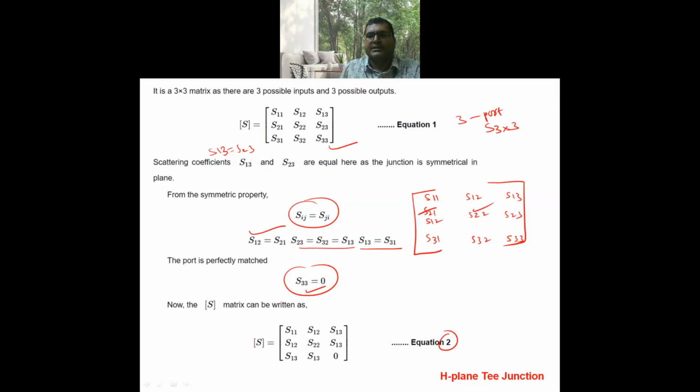S23 from the plane of symmetry is S13. From the symmetric matrix property, S32 equal to S23 is equal to S13, from symmetric matrix and plane of symmetry, and S33 is equal to 0. That is, port 3 is perfectly matched with the junction. Based on this, we write equation number 2.